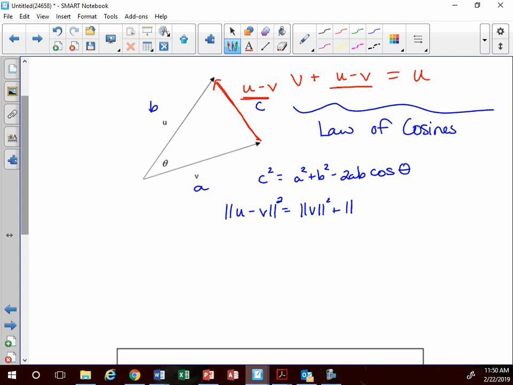B squared is the magnitude of u squared. Minus 2 times the magnitude of v times the magnitude of u times cosine theta. Okay, I know that's a lot right there. Make sure everybody has that written down and you've absorbed some of it.